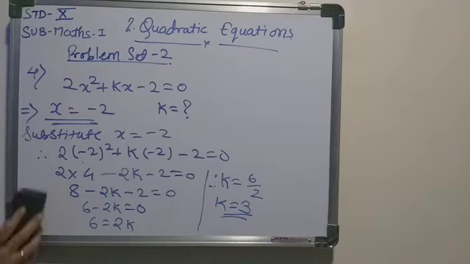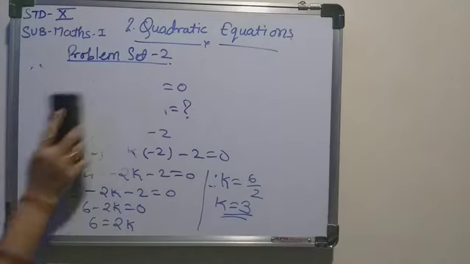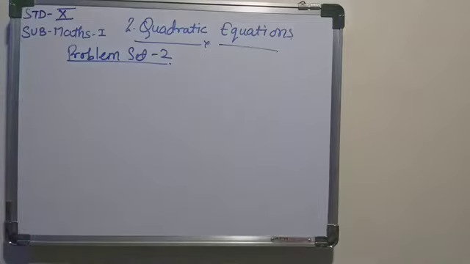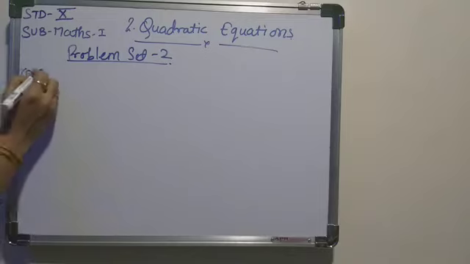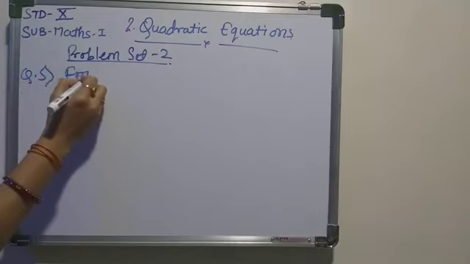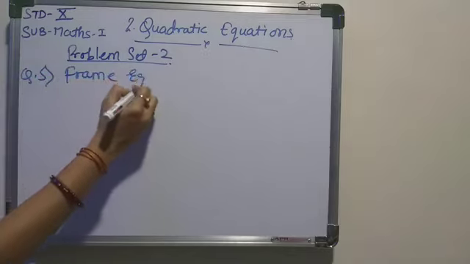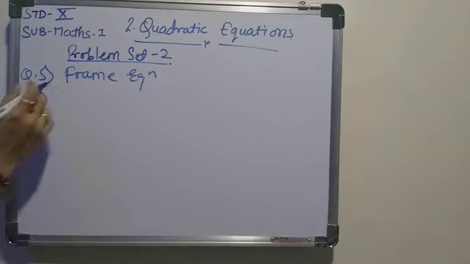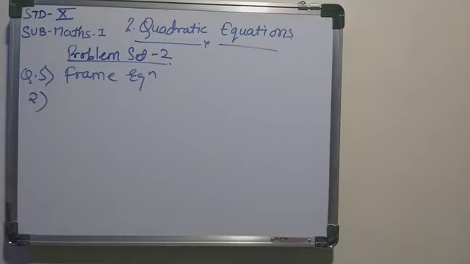Now question number 5. Two roots of a quadratic equation are given. Frame the equation. So in question number 5, we have to frame the equation and they have given you the values of the roots. We are going to solve sub-question 2 from question number 5.